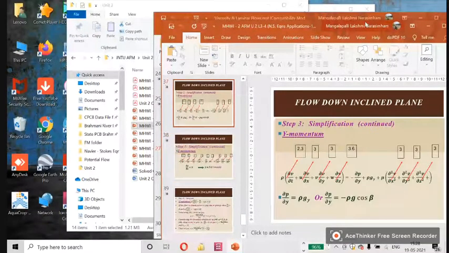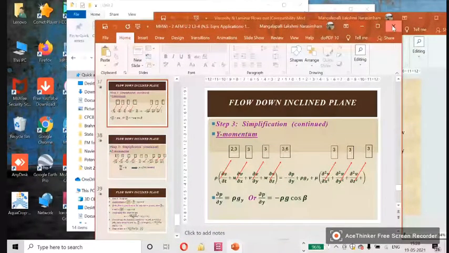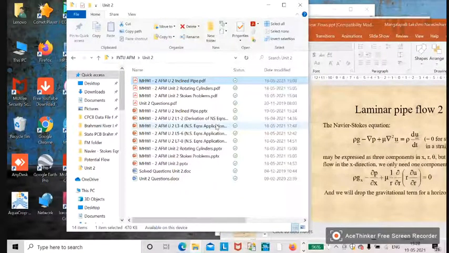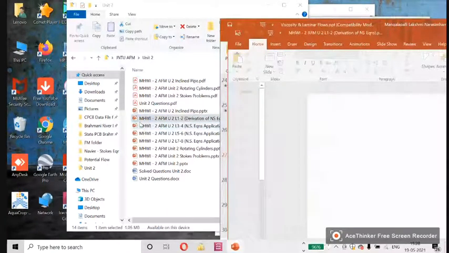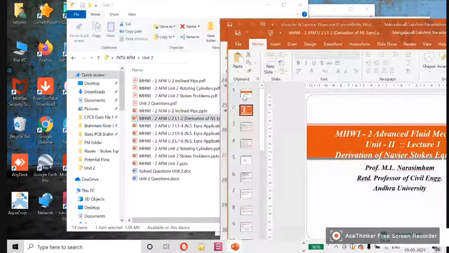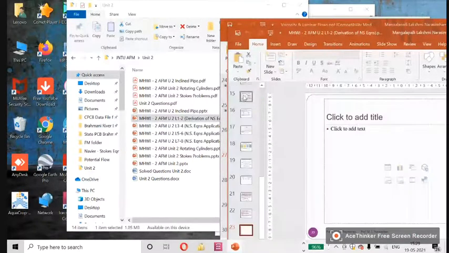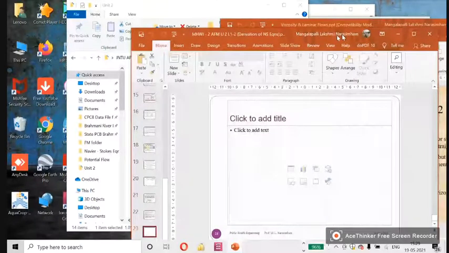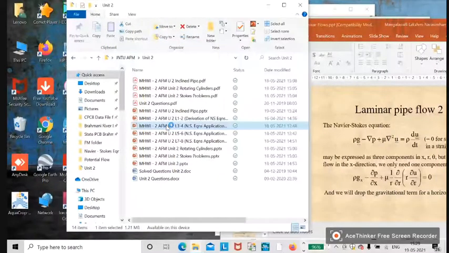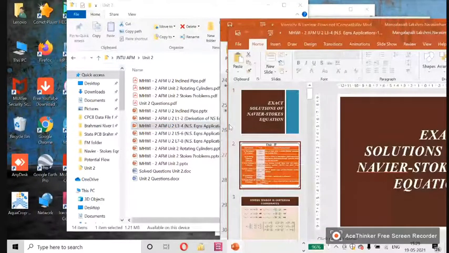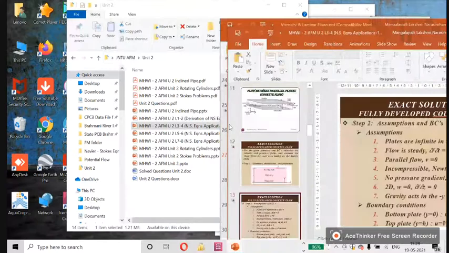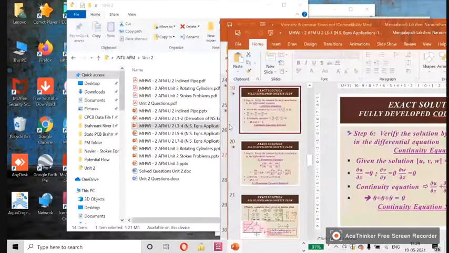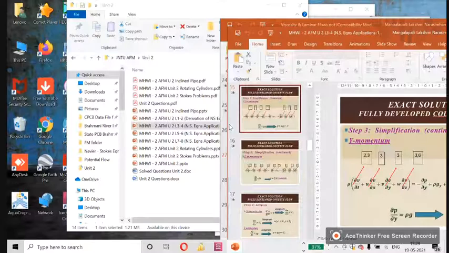somewhere I have written them. I think I have sent them to you also. Cylindrical coordinate system I have given somewhere.